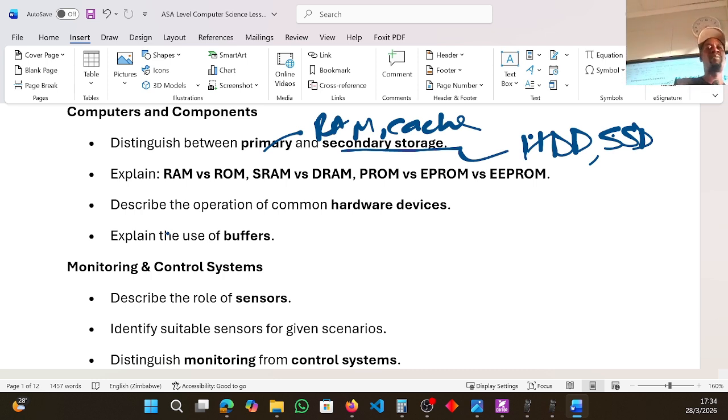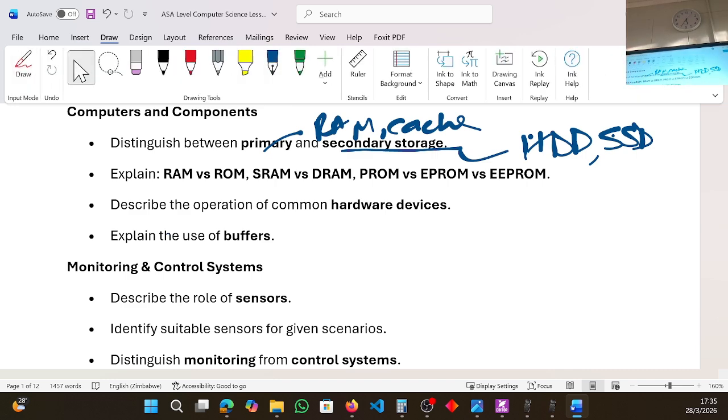Then also we'll be interested in the operation of common hardware devices. Then we explain the use of buffers, which are temporary data storage areas that safeguard the processor from being overwhelmed by instructions or data to be executed. We have monitoring and control systems.